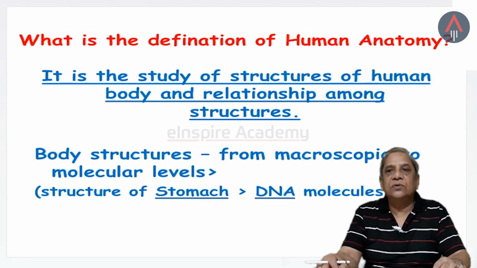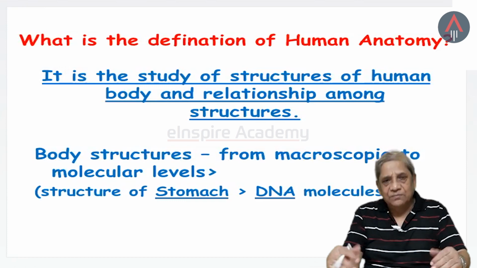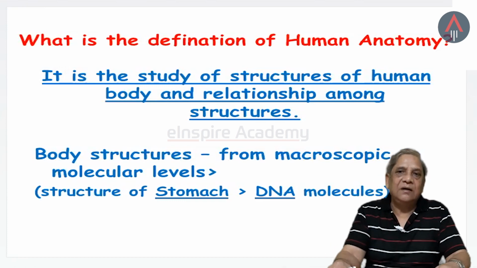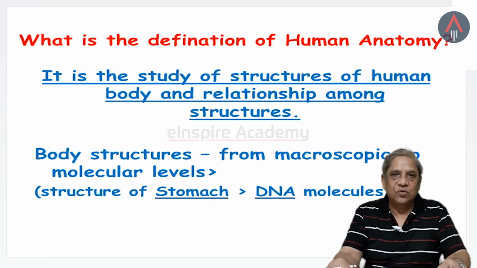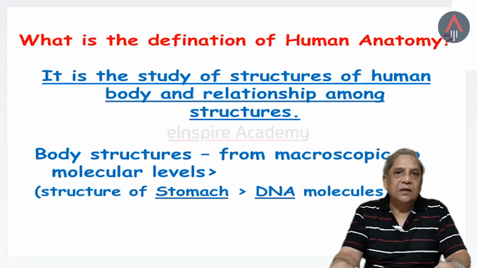So you will go to the finer aspect of any structure, and that is also anatomy. But besides this, you will have to learn the structure not only at the microscopic level, either light microscopic or electron microscopic level, which can enhance an image up to 1.5 lakh times. So that is also not sufficient.